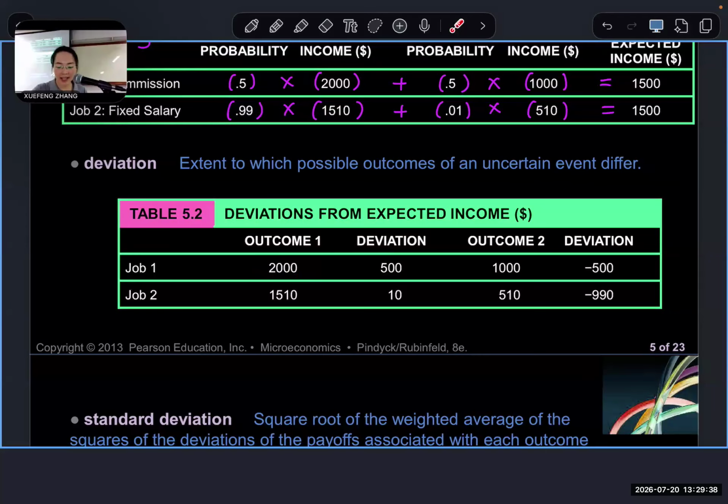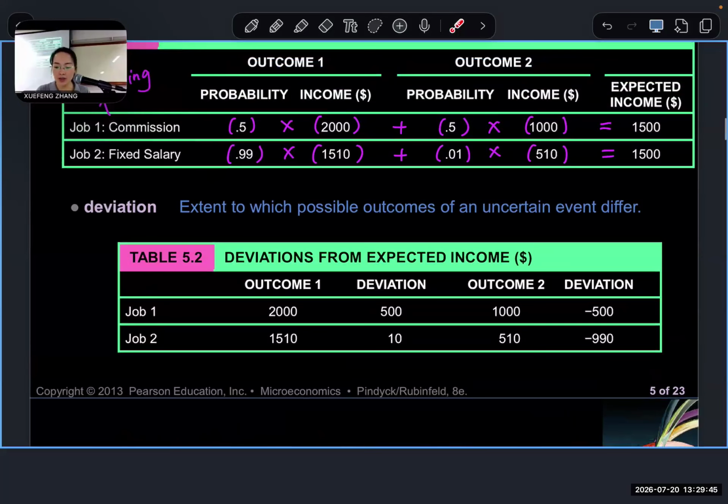How can we calculate the deviation? Look at table 2, okay? So table 1, you got the expected value, which is 1,500. Next one, how do we calculate? You just use the outcome minus expected value.